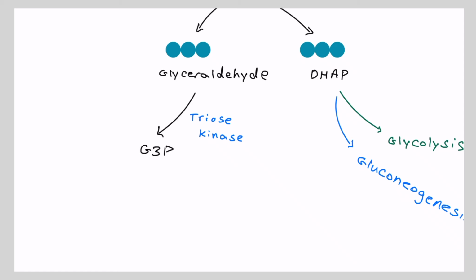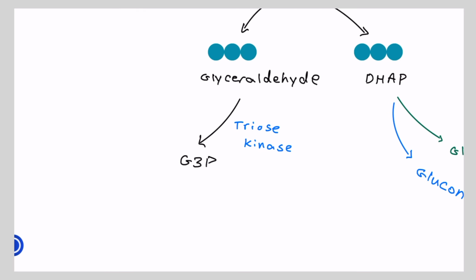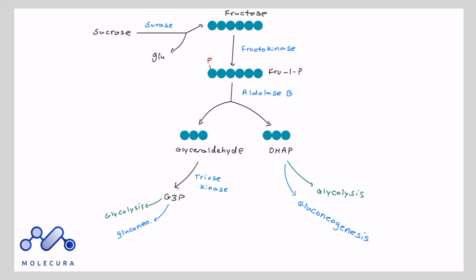And then our glyceraldehyde 3-phosphate can go, as happened on the other side, either to glycolysis or to gluconeogenesis. So this is our fructose metabolism, but that's not it.